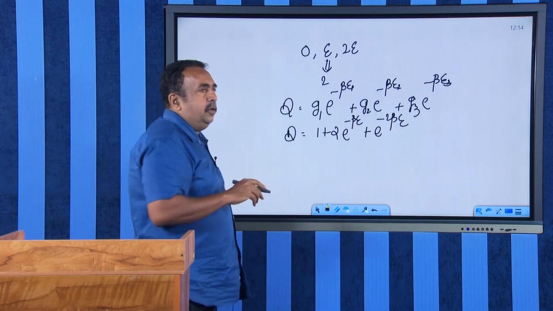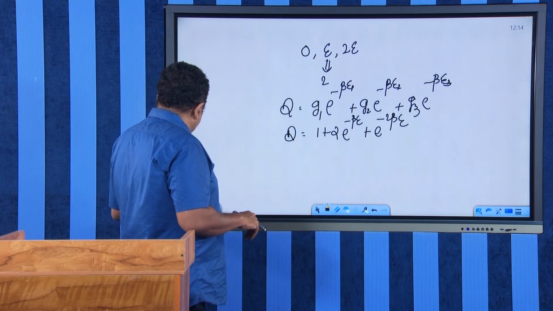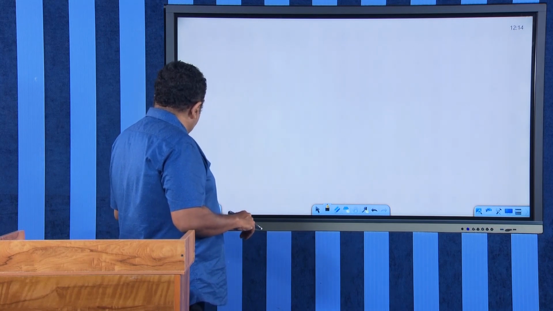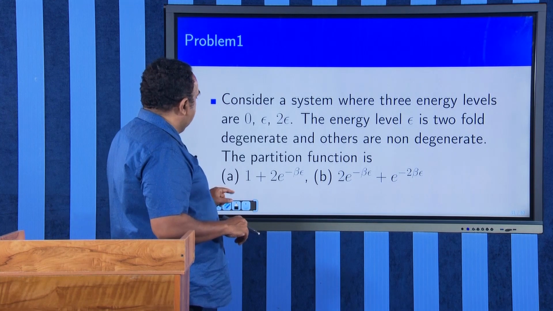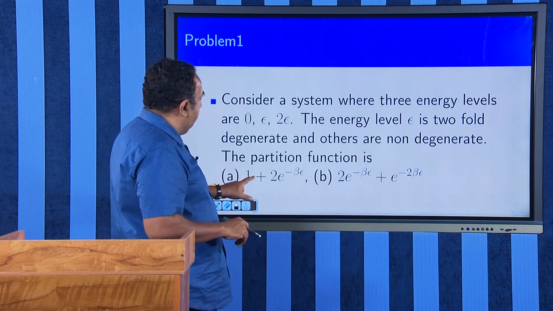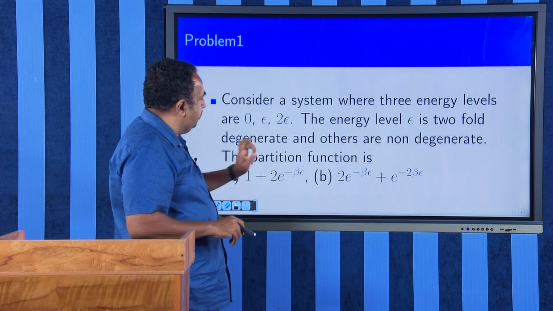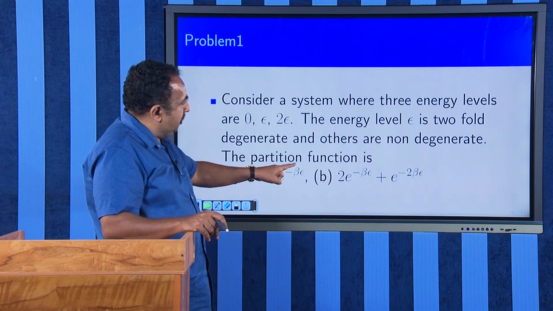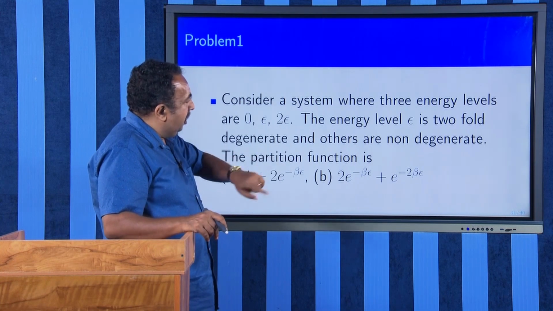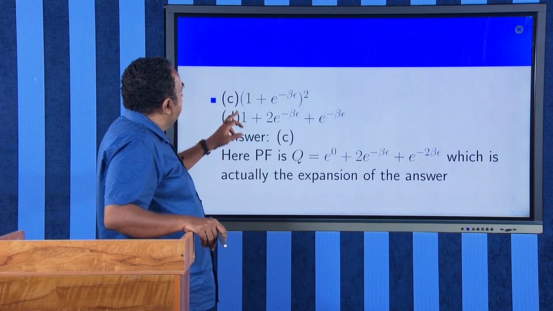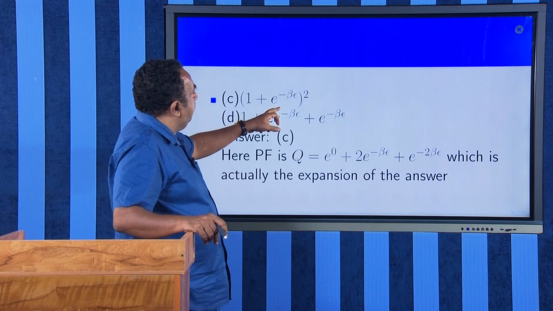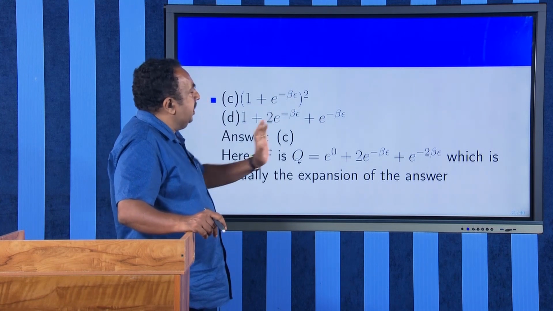But in your question, such a choice was not given. One choice was 1 plus 2 e raised to minus beta epsilon. The second choice was 2 e raised to minus beta epsilon plus e raised to minus 2 beta epsilon. The third choice was 1 plus e raised to minus beta epsilon whole square. Directly, the answer is not given.